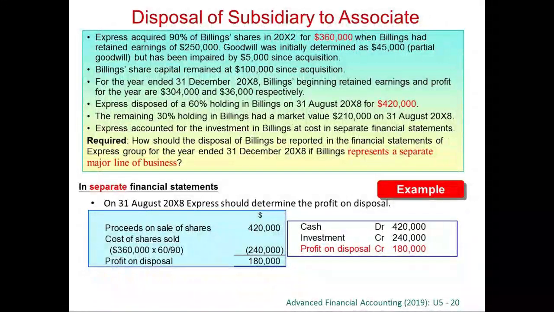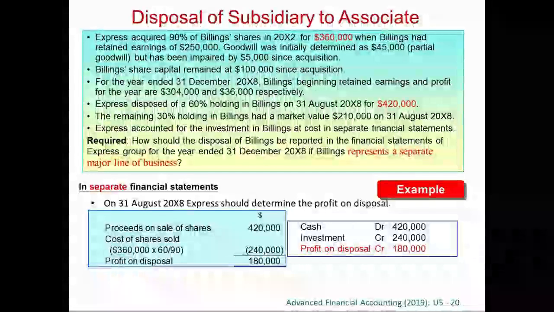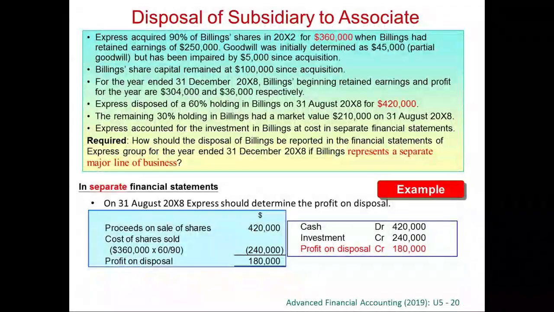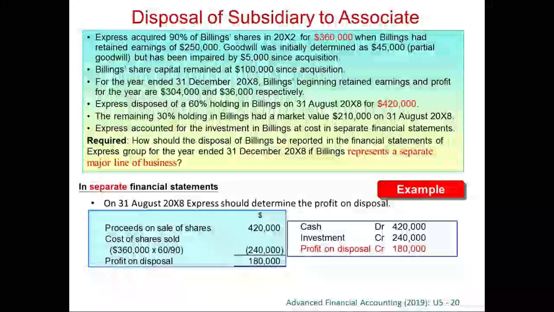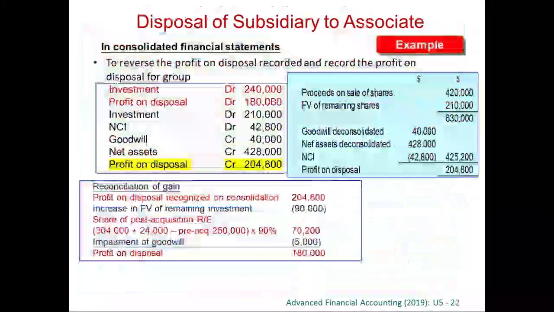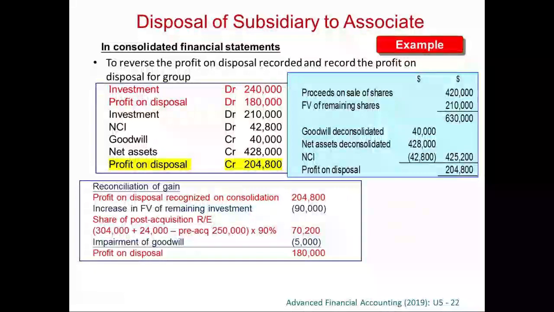We debit cash, right? If we combine these two journal entries together, because you consolidate the parent, this has been recorded in the parent's own book. And now you credit away investment, you credit away the profit, and on a net basis this means we are debiting cash, 420. Because by disposing of this subsidiary, cash actually increased by 420.